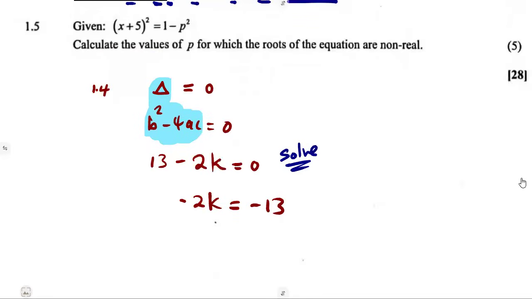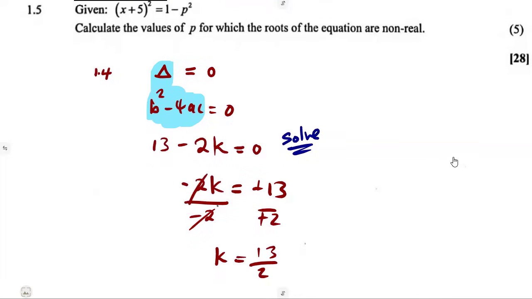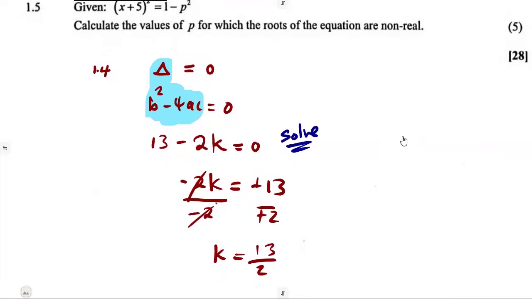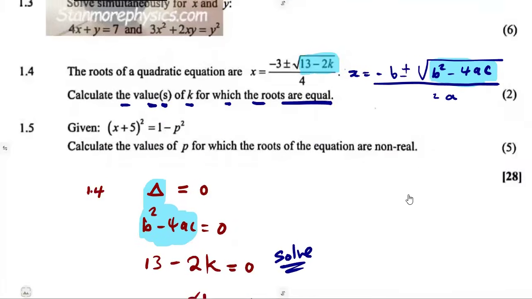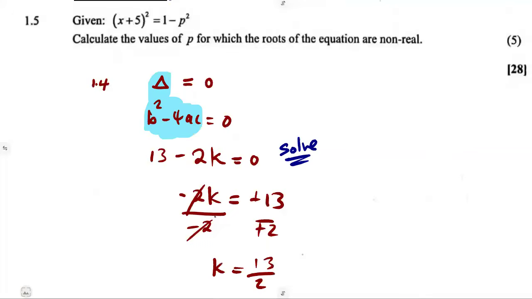You can choose any one that you want to transpose to the other side of the equation. Then simply divide by negative 2. So our k is going to be positive 13 over 2, or you can have it as a mixed fraction. It's up to you guys. If it is a mixed fraction, that was up to you for 2 marks. You can just leave it as 13 over 2.